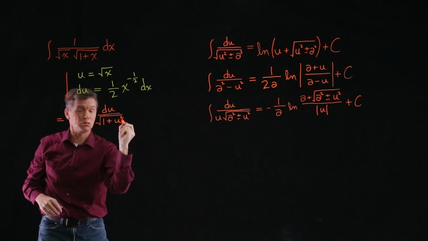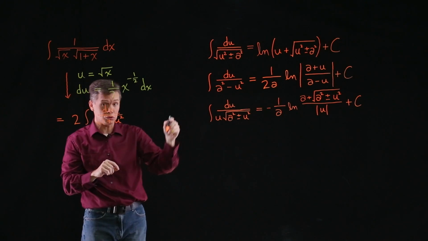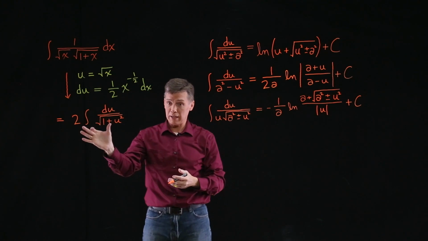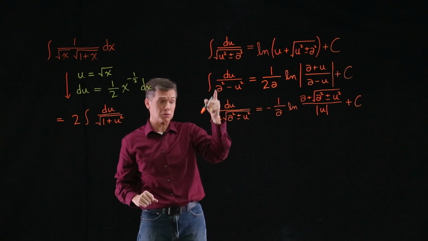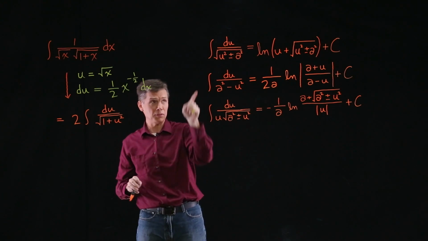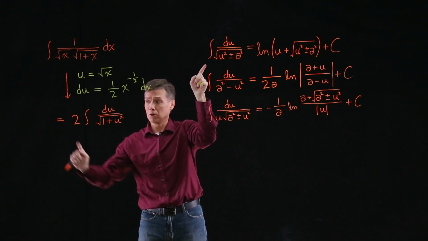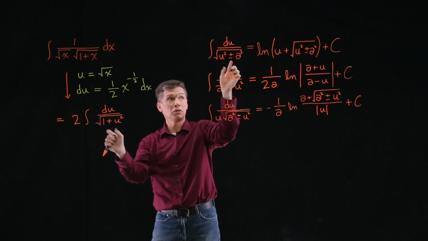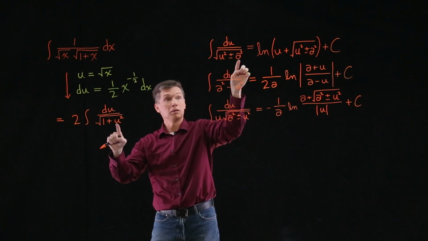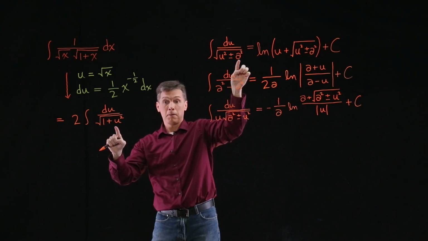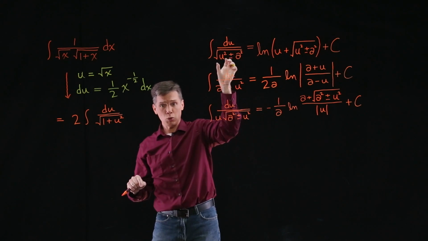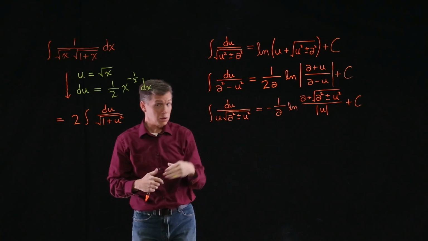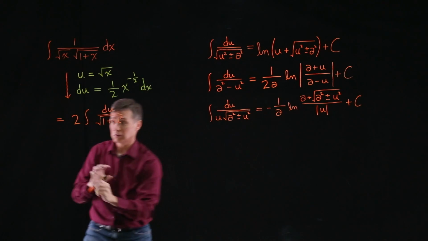And that's actually what started our thought process, trying to get a u squared, and it worked. I like this. This now does match one of our three formulas, specifically the first one. Who cares about the 2 in front? I just have a square root downstairs. My a is 1, my u squared is there, and if I have addition, the order doesn't matter. So I have exactly this first formula, which means I can spit out my answer.